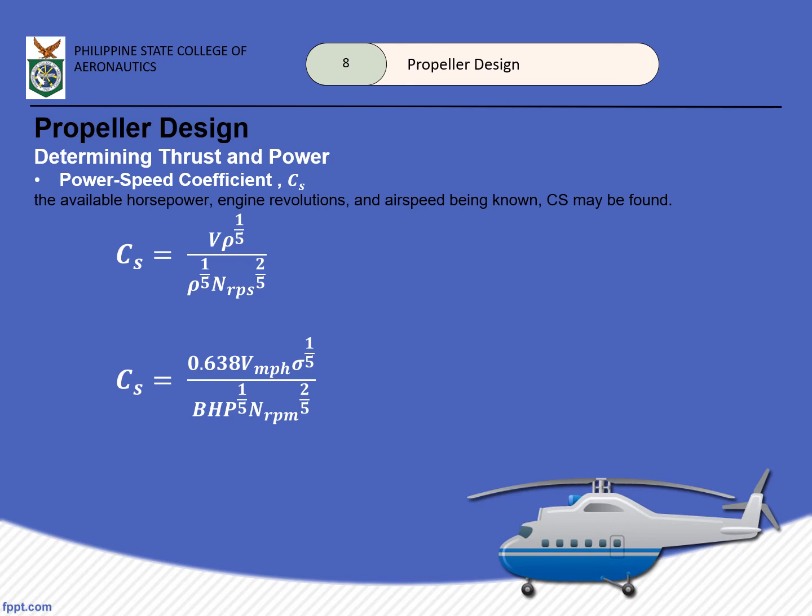Wala siyang diameter. Kasi in the preliminary design of a propeller, it would be helpful to have a formula for power not involving the diameter, which is not usually known at the beginning ng problem.